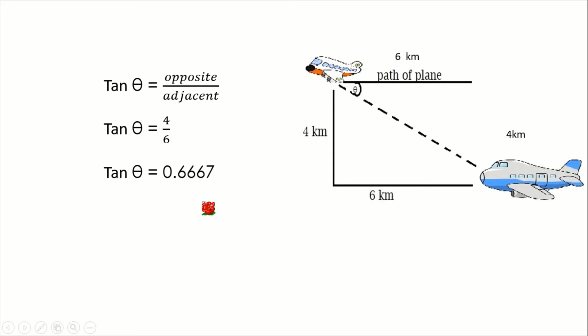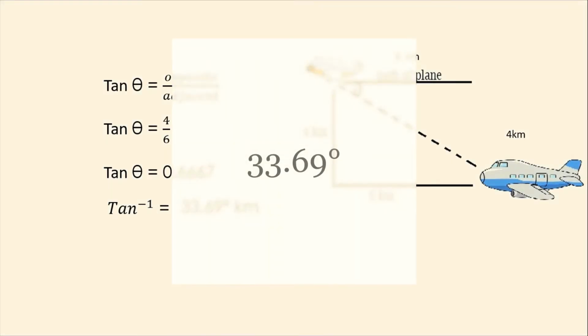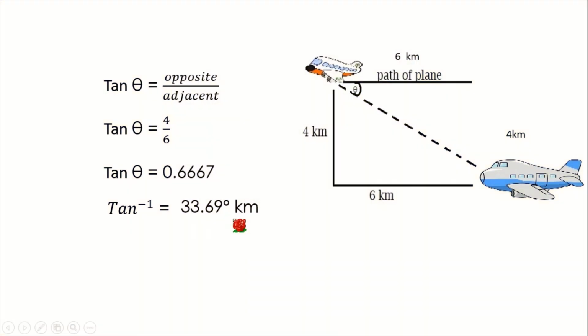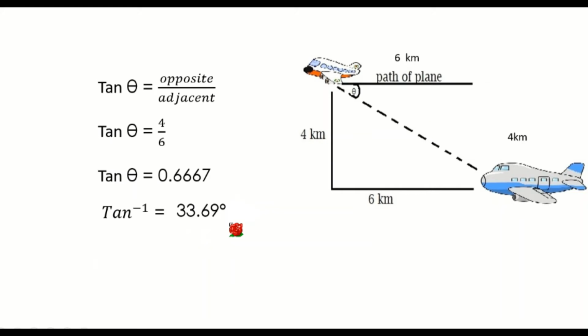So, sa scientific calculator ninyo, alalahanin ninyo kapag gagawin siya into degree, dapat naka-degree mode kayo at dapat i-press nyo muna yung shift and tangent, then 0.6667, and we have 33.69 degrees. 33.69 degrees only. Walang km dapat siya.